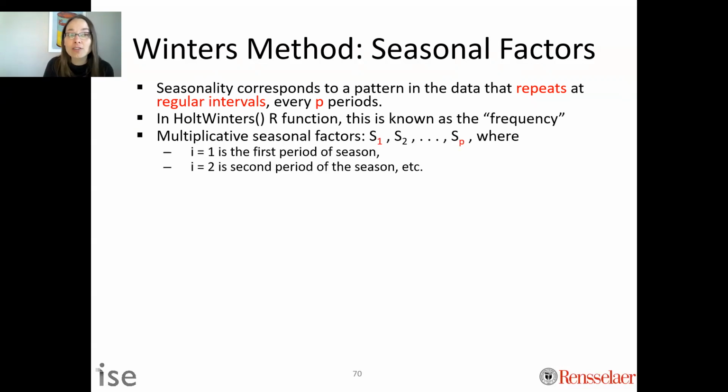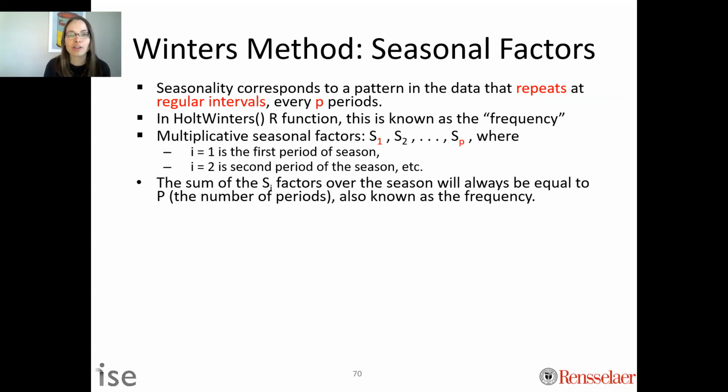And then we're going to again use multiplicative seasonal factors. For each period, we'd have P of them, 1 through P, and we need some sort of factor. So we have the first period of the season, second period of the season, all the way to P of them. We would have these indexes. And as we saw in the hospital example, if we sum over them, we should get P. So in our example where we repeat every year, so 12 months, if I sum them up, you should get 12, okay?